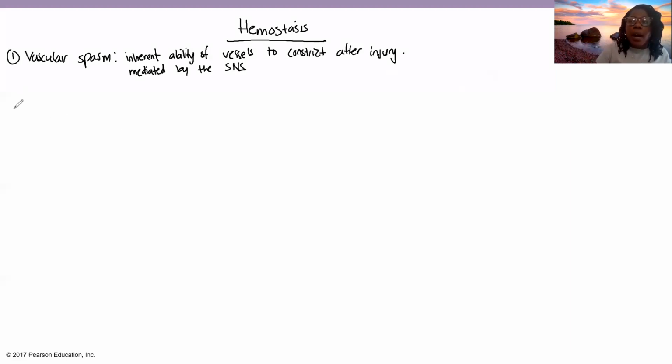We also spoke about some other factors in terms of beginning to secure that site of injury and create a fibrin clot. So the first part of that was platelet adhesion. All right, let's divide this out here again.